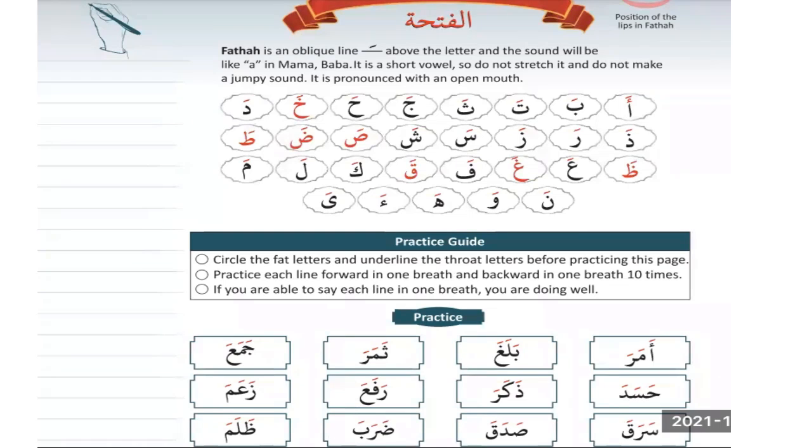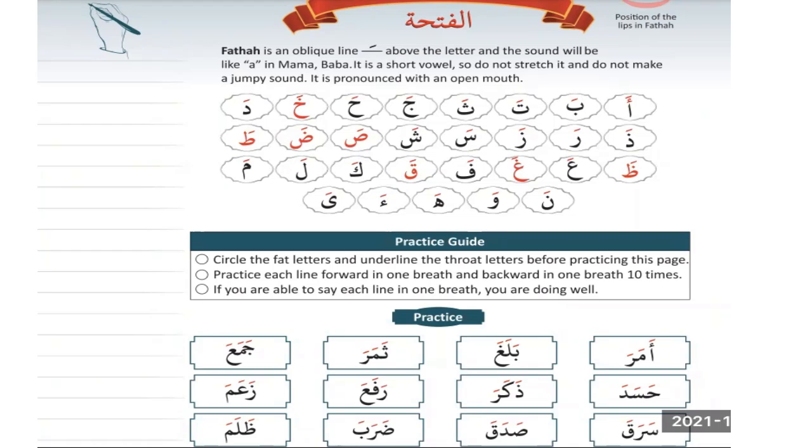We are not using our throat, we are not using our tongue, we are not using anything. Even our tongue is not touching anywhere. This is a totally empty mouth and a very thin sound. So this is called fatha.